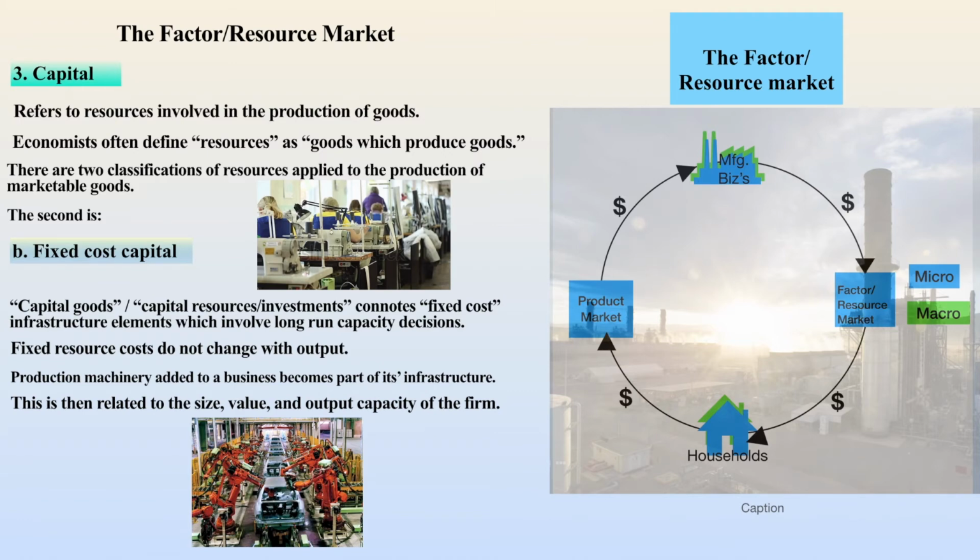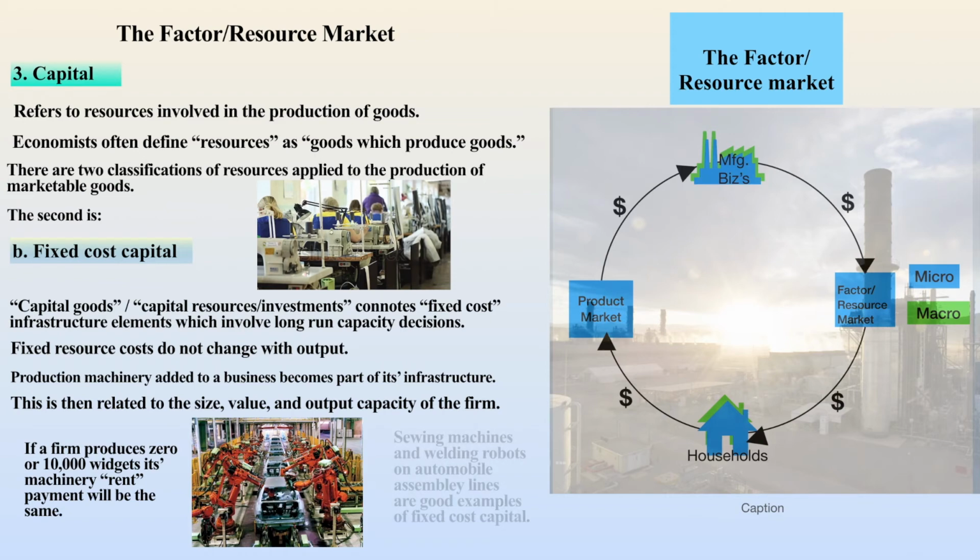When they just make variable cost changes, those are called output decisions. If a firm produces 0 or 10,000 widgets, its machinery rent payment will be the same. Sewing machines and welding robots on automobile assembly lines are a good example of fixed cost capital.